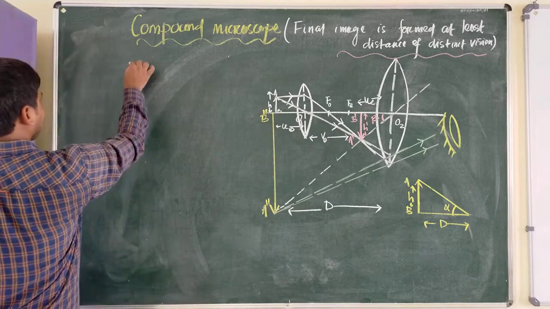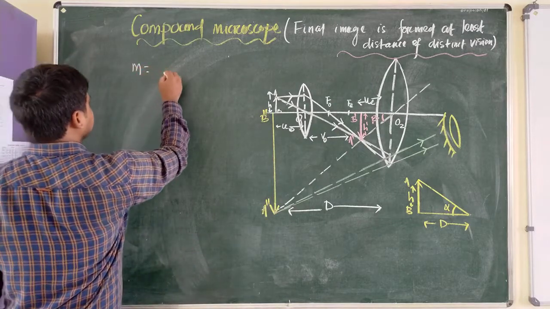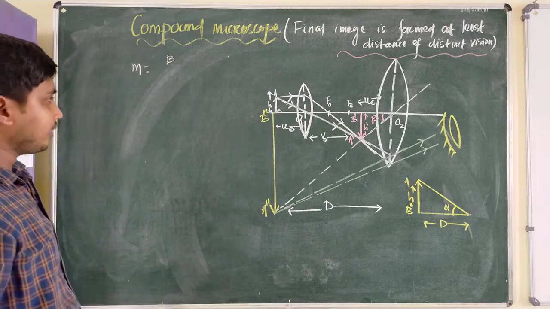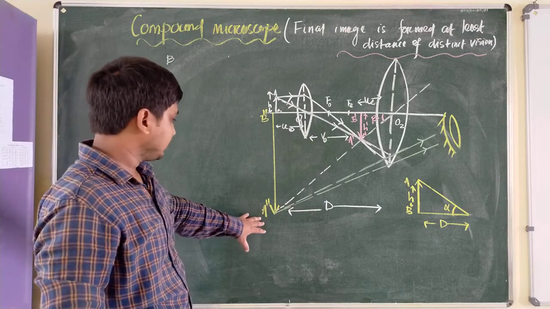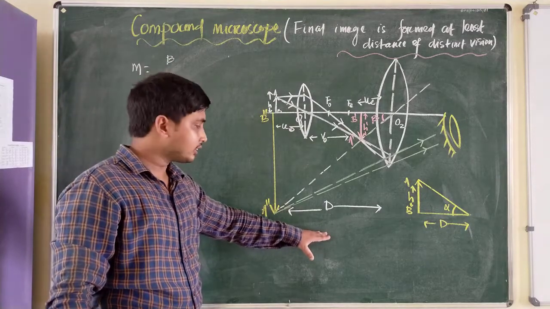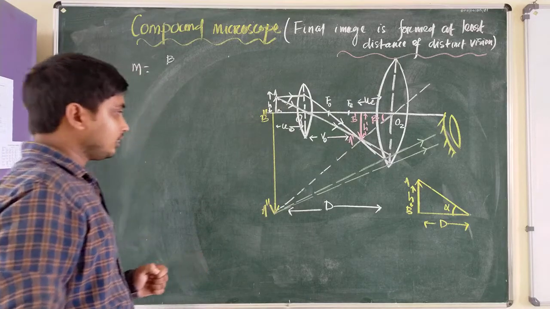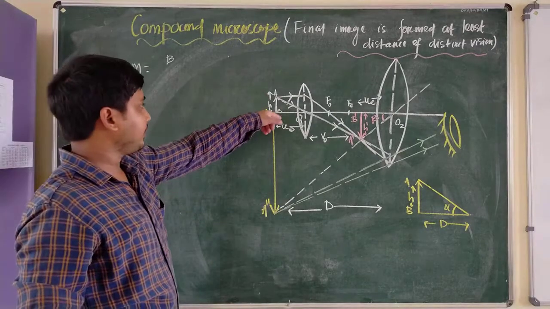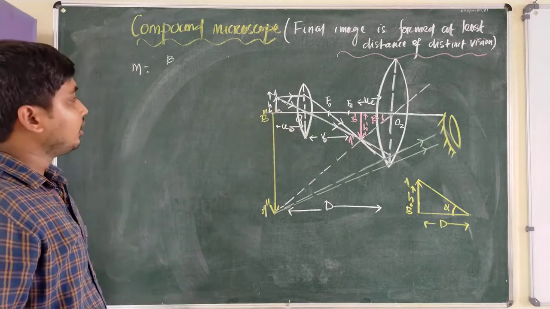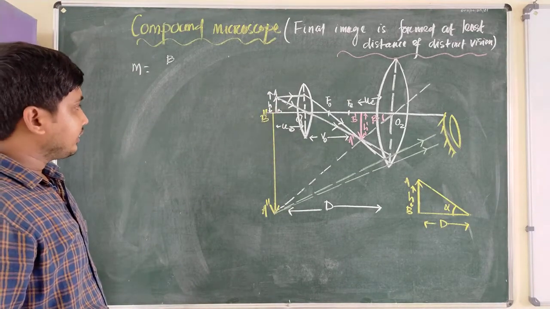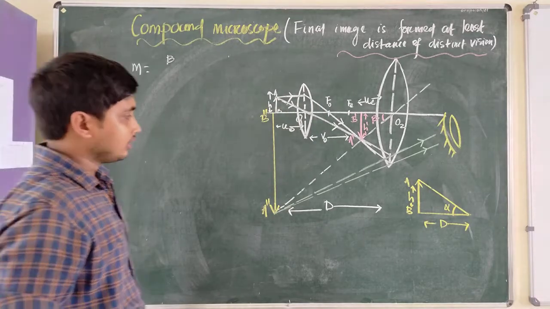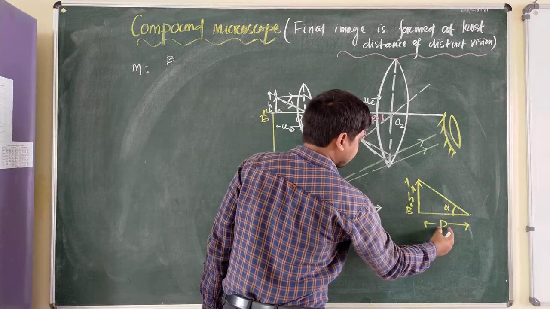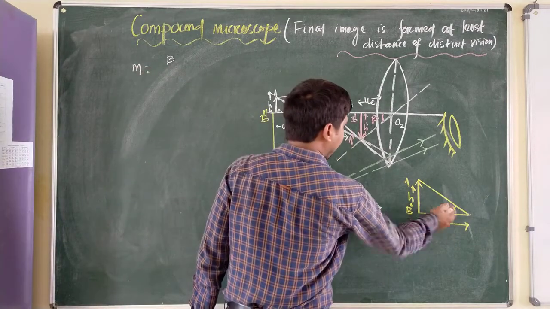So the magnification M is the ratio of the angle beta subtended by the final image, which lies at the least distance of distinct vision, to the angle subtended by the object AB when it is situated at the least distance of distinct vision D, and the angle created is our alpha.